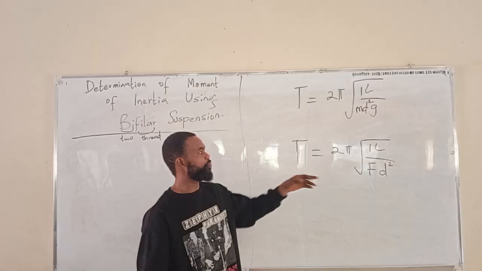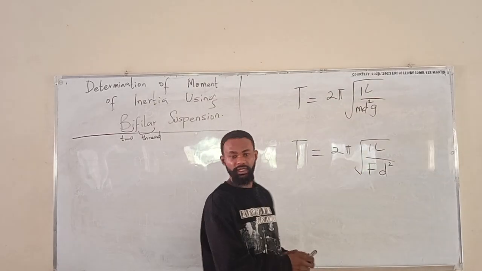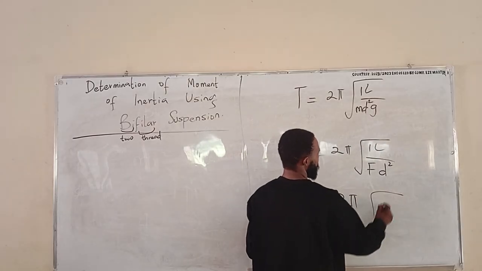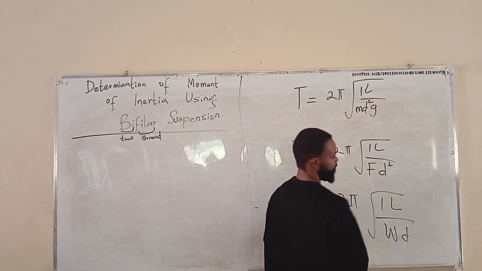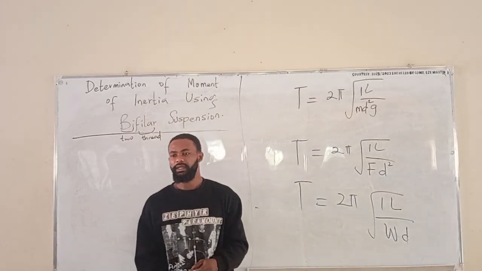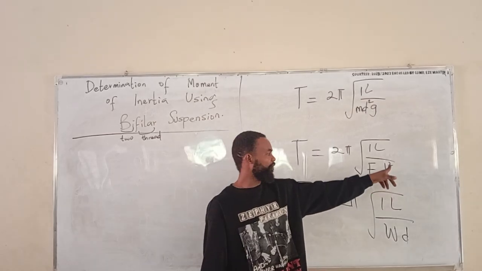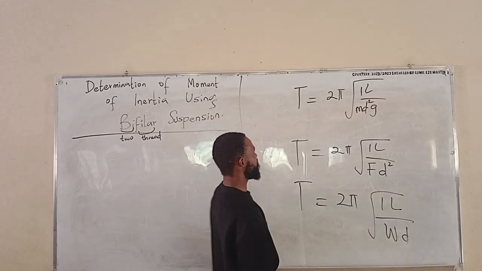Whichever one you want to use, because mg means force, this is the same thing as saying 2 pi root IL all over work D. Are you aware? Because work is simply force times displacement. So whichever one you come across, it is still the same thing.